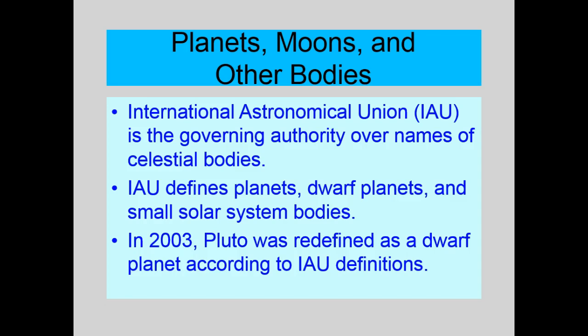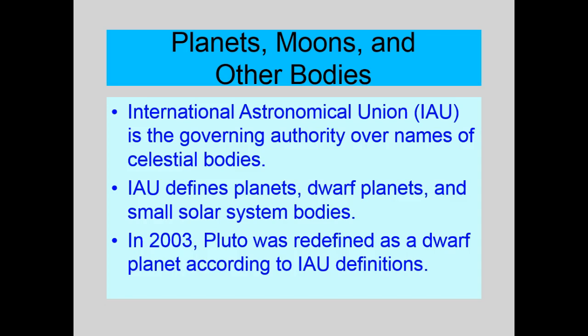Even features on them are named. For instance, different craters on the moon are named certain things. The International Astronomical Union helps determine that. The names of those various moons around Jupiter and Saturn and the others, those that have names, they help determine those names. I imagine they help determine names of stars too, and galaxies or other things.